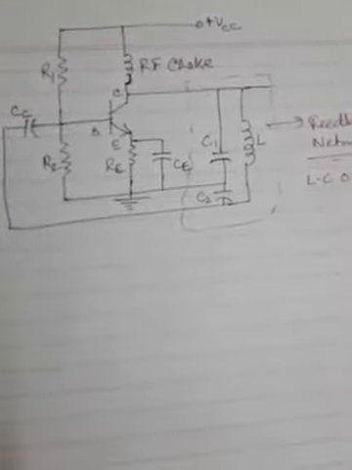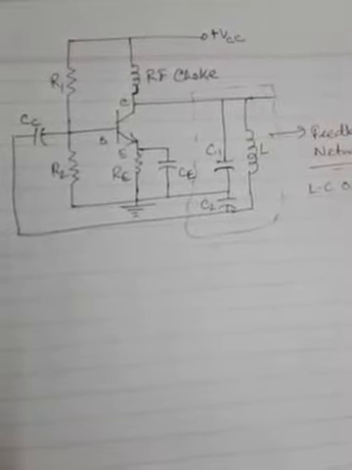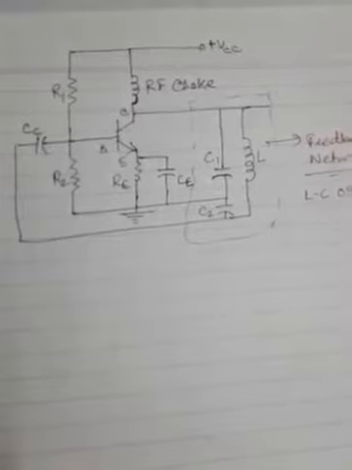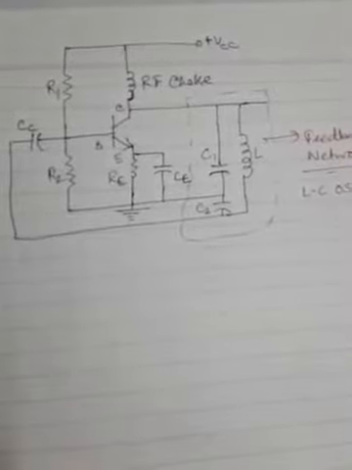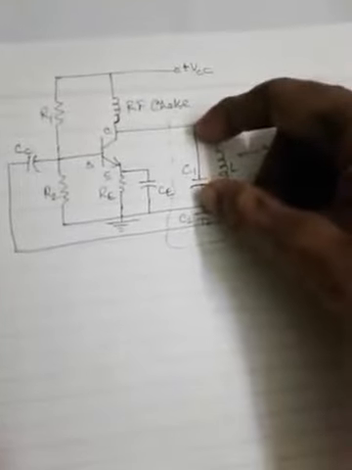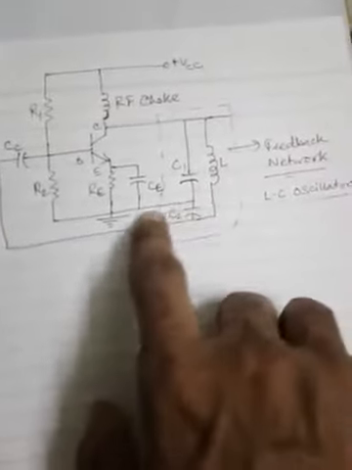And as you can see, since the transistor operates in CE mode, common emitter mode here, it introduces a phase difference of 180 degrees between input and output voltages. So a fraction of the output voltage appears across the capacitor C1, because the other end of C1 is grounded.